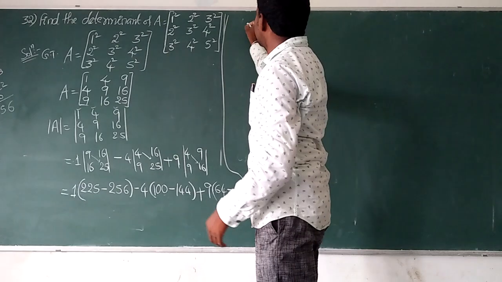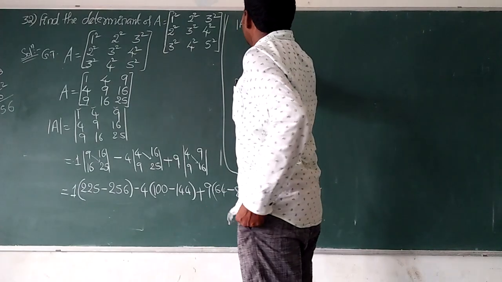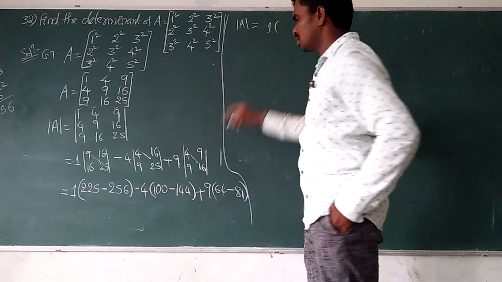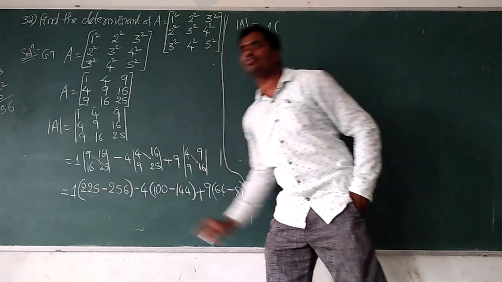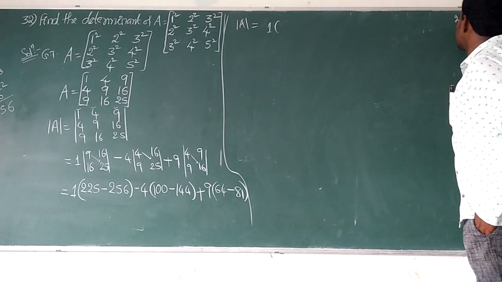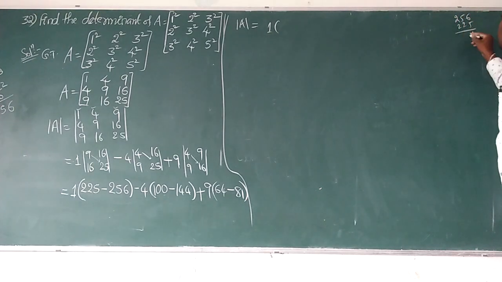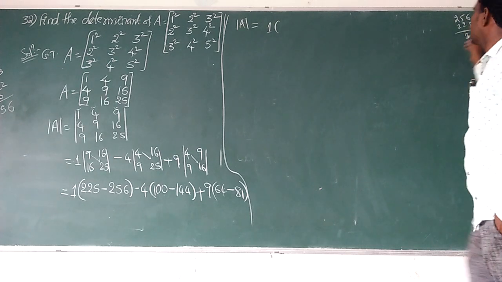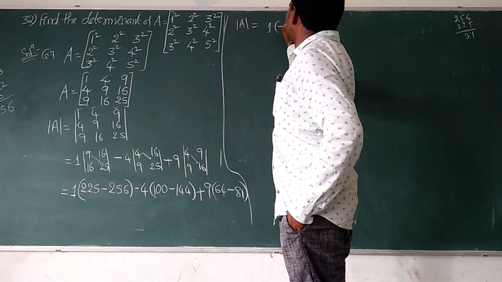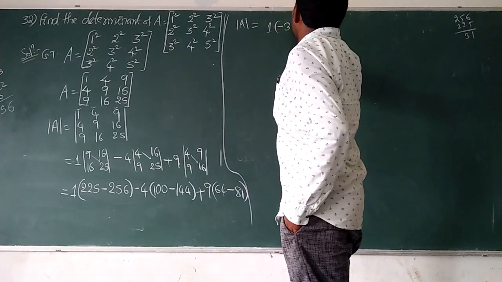Very clear? So we are getting 1 into 225 minus 256. Just do 256 minus 225. 15 minus 2, 3. Negative terms are more, so we get minus 31.